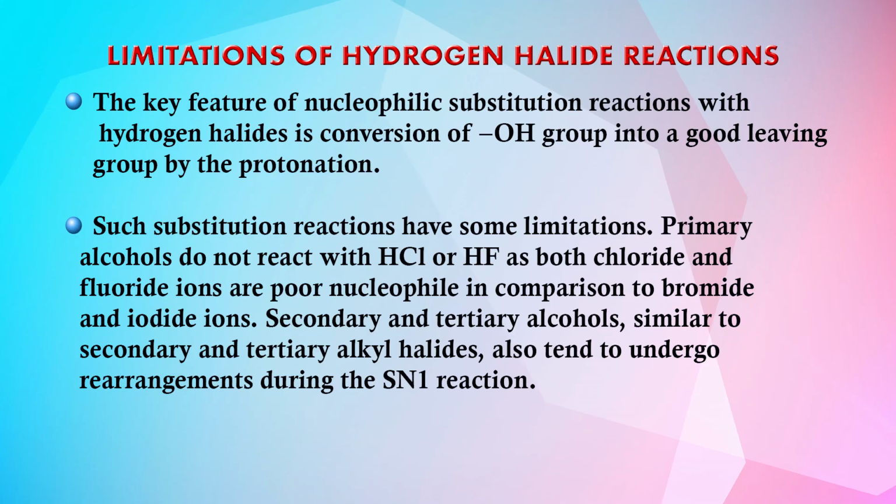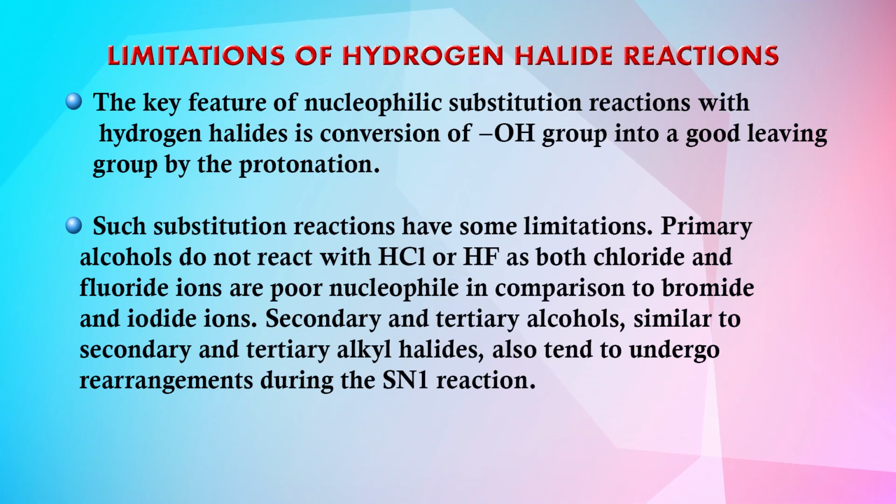So carrying out the reactions is not so feasible. Primary alcohols will not react with HCl or HF, as both chloride and fluoride ions are poor nucleophiles in comparison to bromides and iodides. So in these cases we have to modify the reaction conditions.